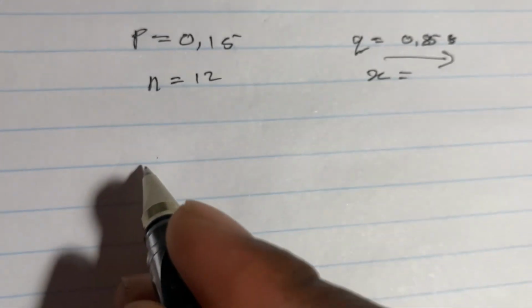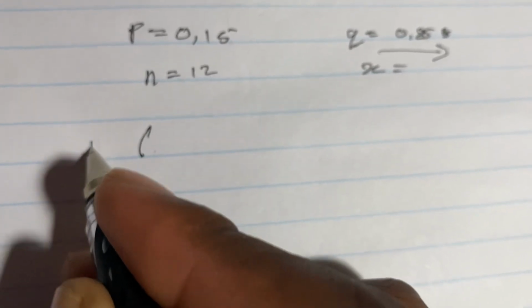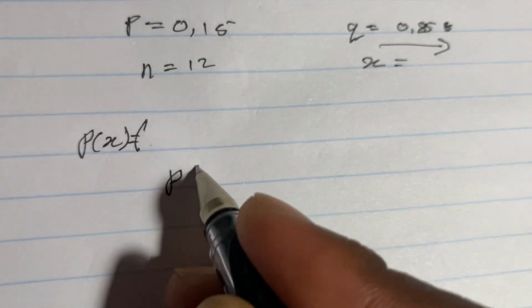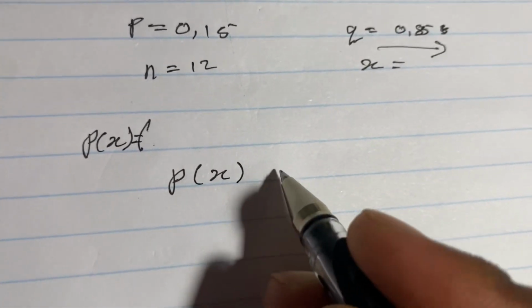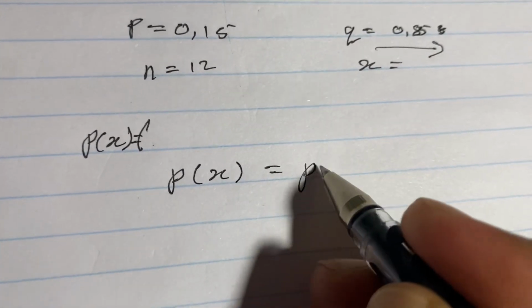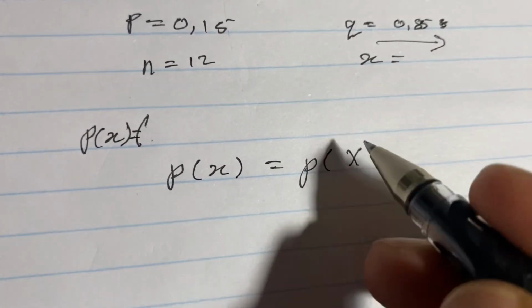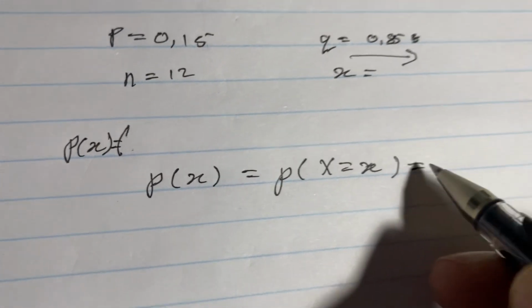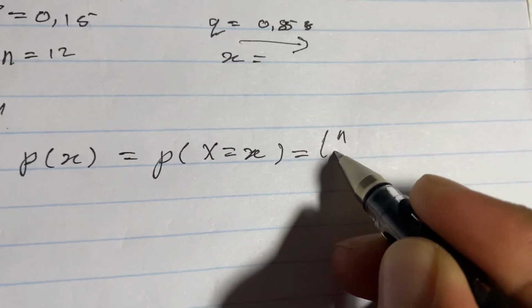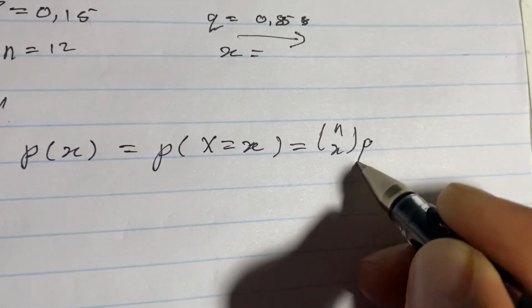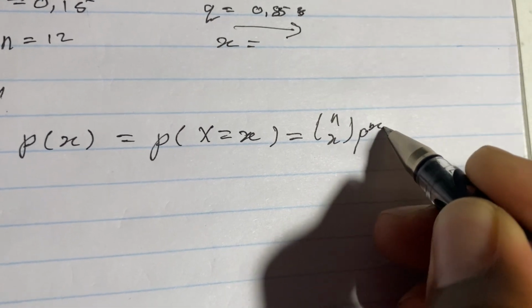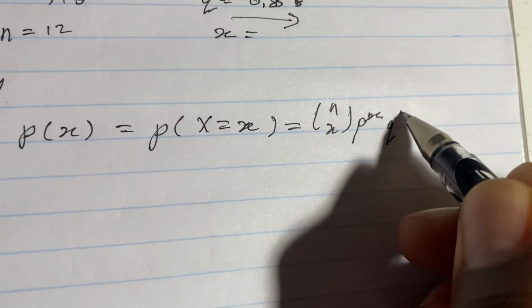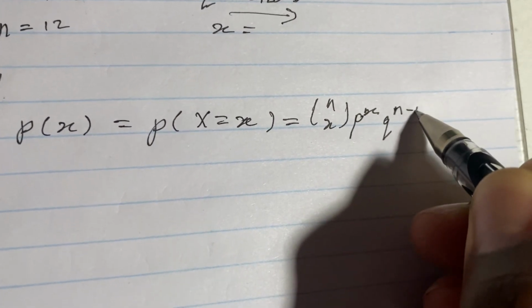Usually our formula for the binomial distribution is P(X = x) equals n choose x, times p to the power x, times q to the power n minus x.